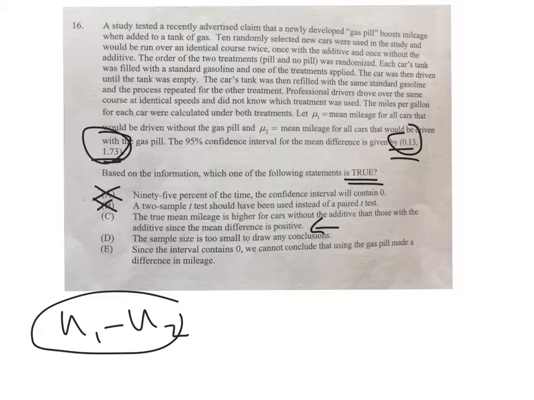It was actually pretty minimal, but it was better without the additive. Sample size too small. That's not that big of a deal. And then since the interval contains 0, we cannot. Well, the interval does not contain 0. It's not in there. So C. There you go.